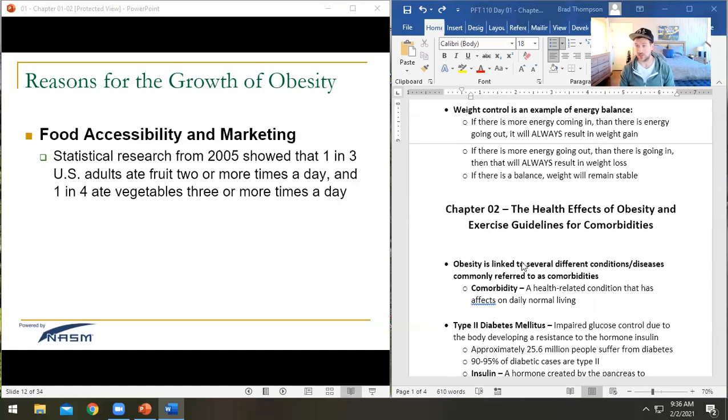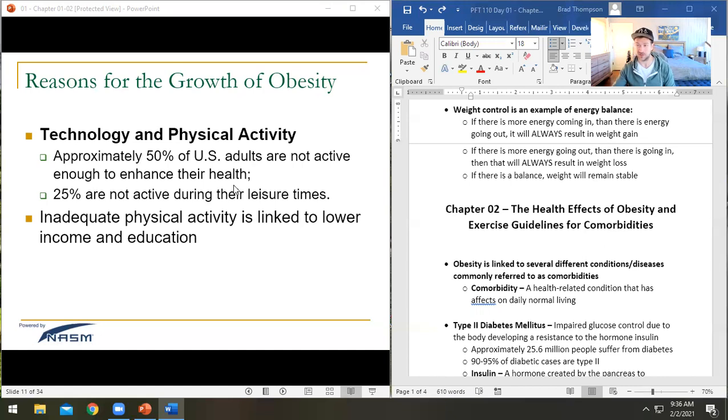Then we see food accessibility. Obviously, we're seeing currently 1 in 3 adults ate fruit 2 or more times a day. 1 in 4 ate vegetables 3 or more times a day, right? So we're definitely not seeing very many fruits or vegetables, which are a rich source of micronutrients. We talk about this idea of not having much energy because technology is sapping our energy.